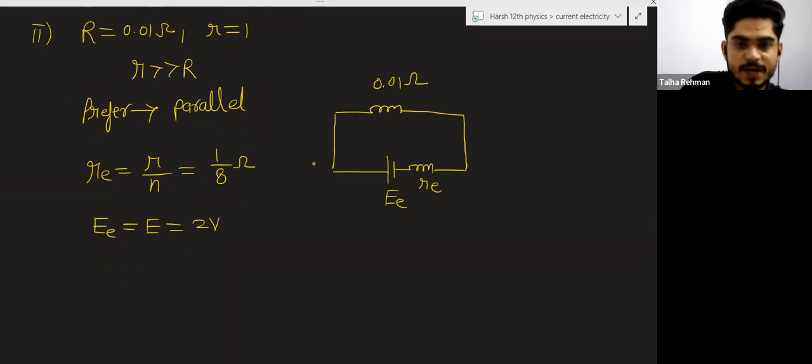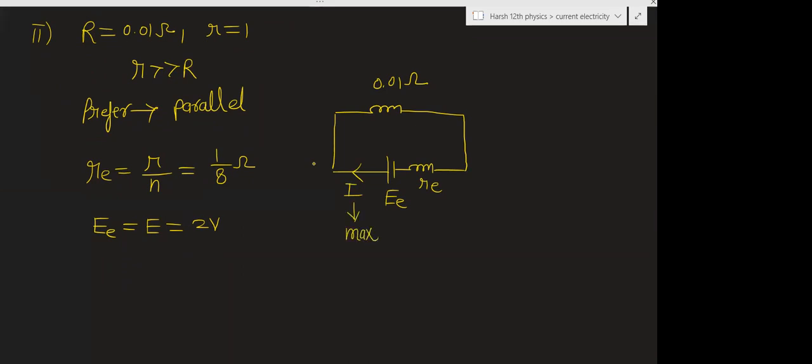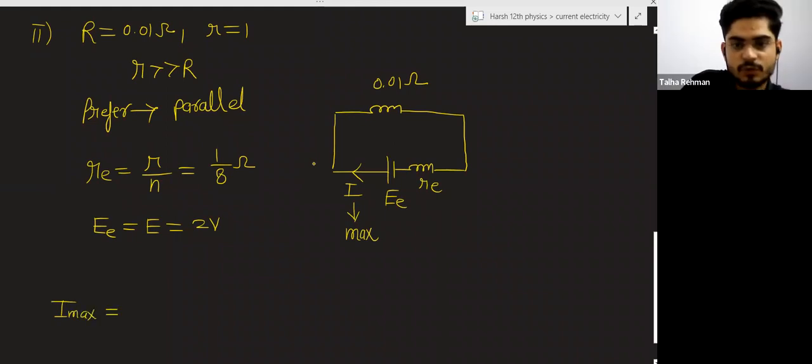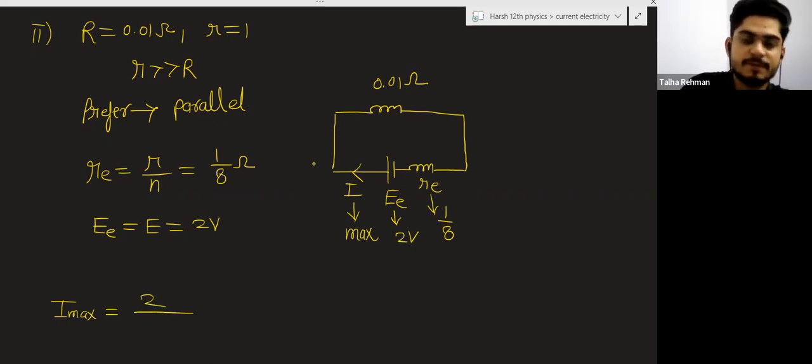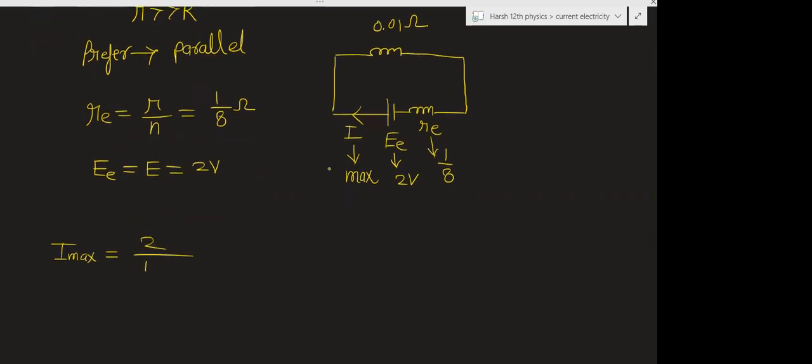Now you want to find the current, and this current is the maximum current. So I max will be equal to E divided by R equivalent plus external resistance. The value of E is 2 volt, R equivalent is 1 by 8, so you will write 2 divided by 1 by 8 plus 0.01.